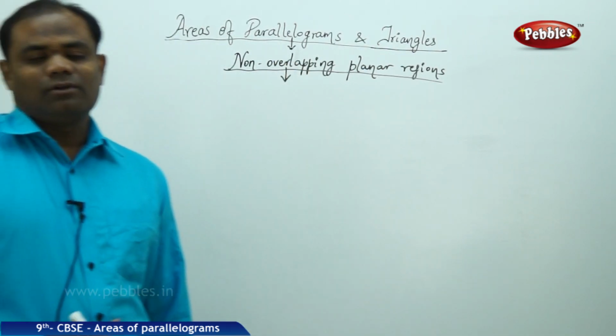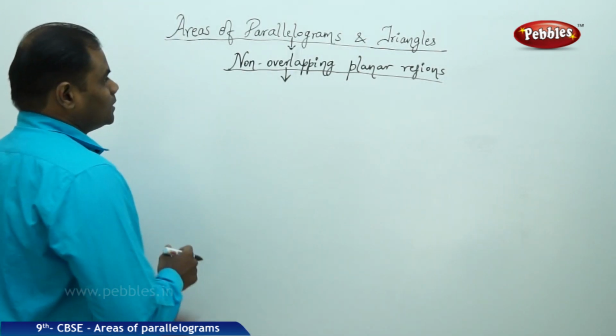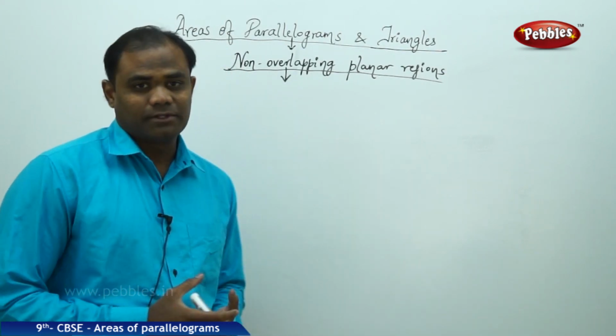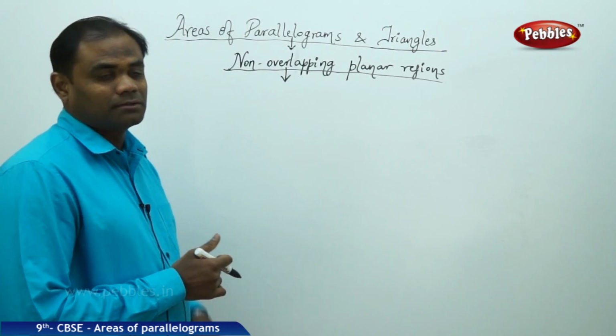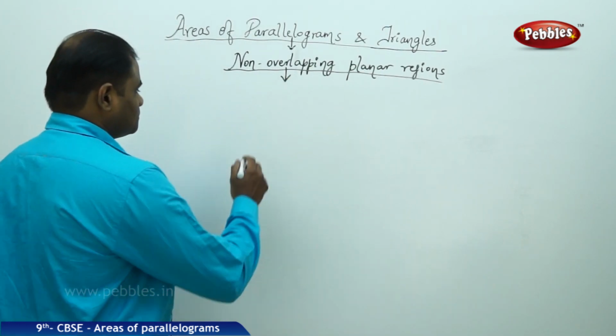Let's see what are non-overlapping planar regions. Here, the word overlapping is in the sense of trying to join the two planar regions without overlapping each other. So let's see in brief the non-overlapping planar regions.